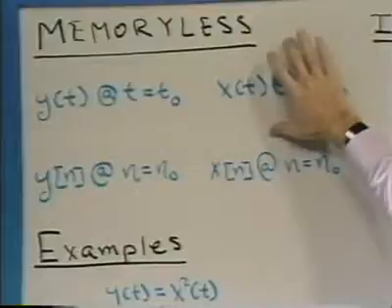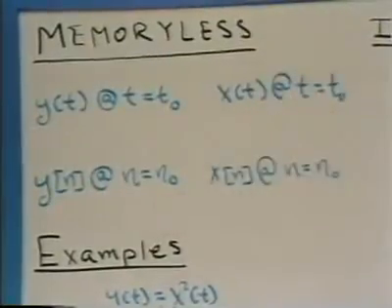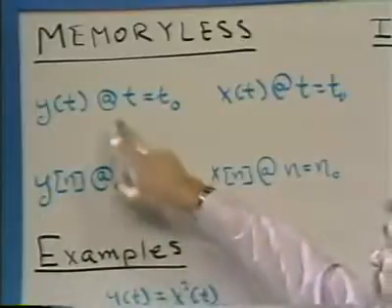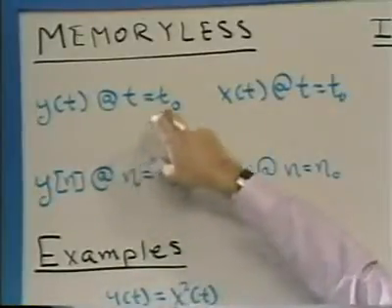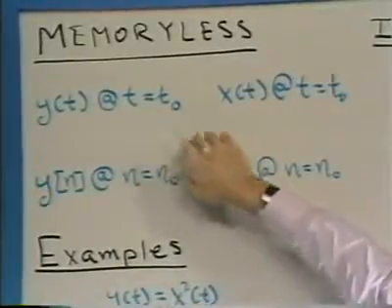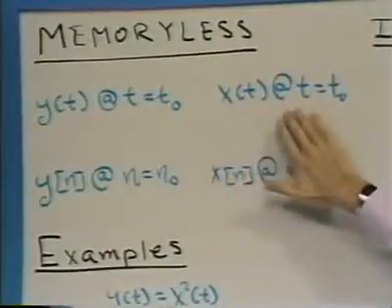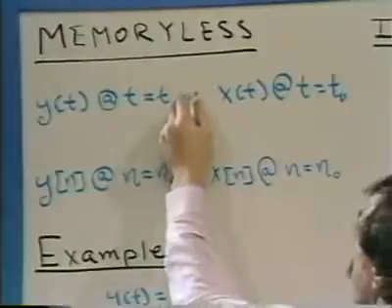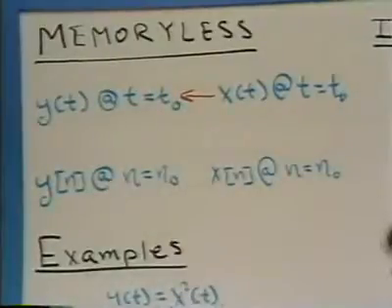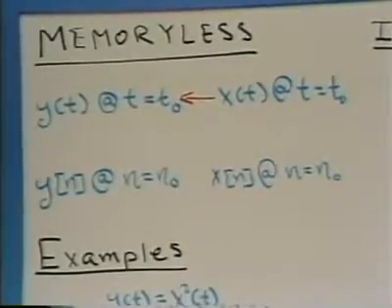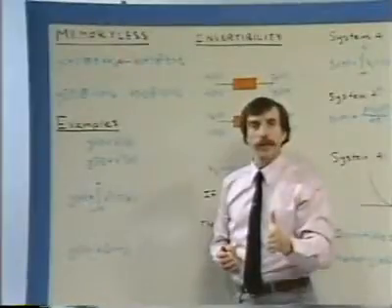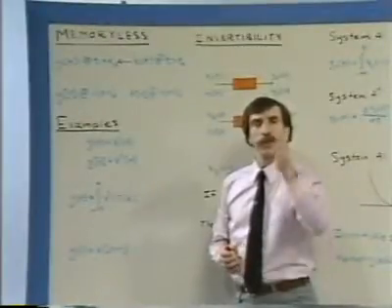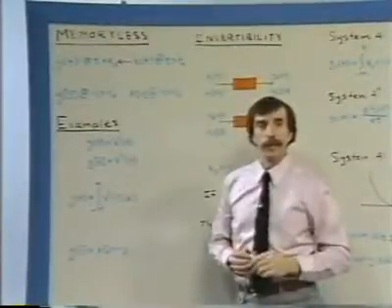And what I mean by a system being memoryless is that the output at any given time, t0, depends only on the input at the same time. And so what I'm suggesting is that a memoryless system is one for which the output at a specific time depends only on the input at that time.